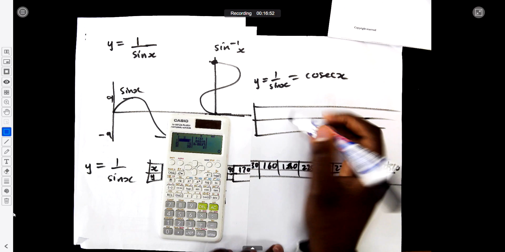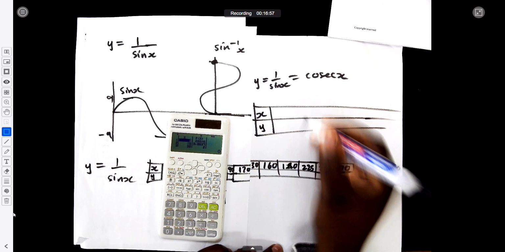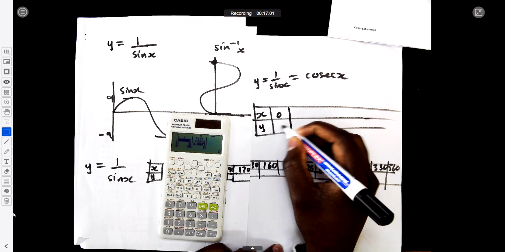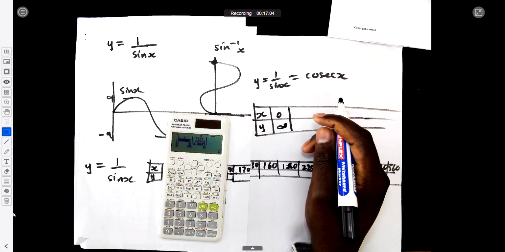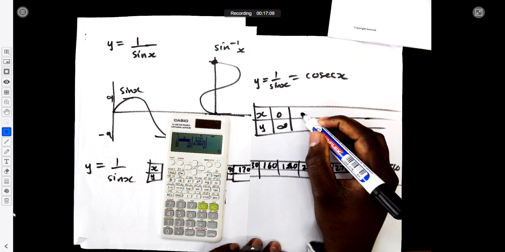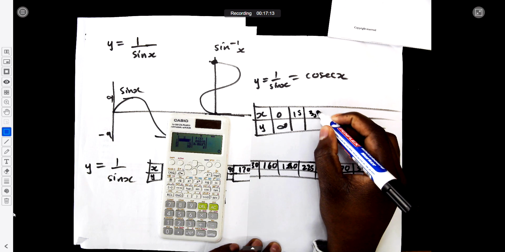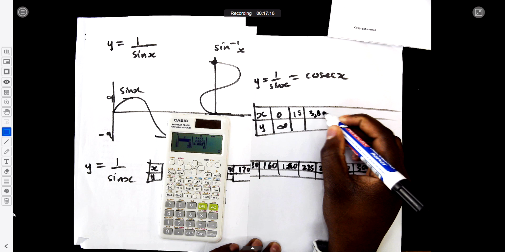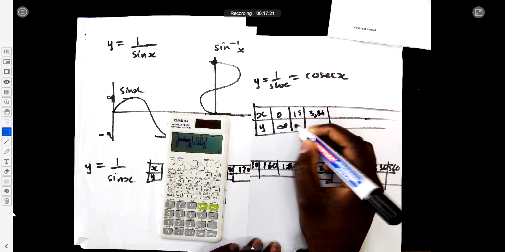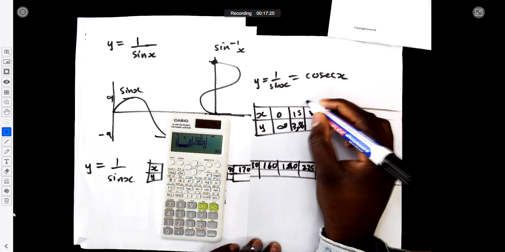With the values that I'm getting, this is the y value. At x equal to 0, it says infinity, so there's an asymptote at 0. At 15, I have 3.86.